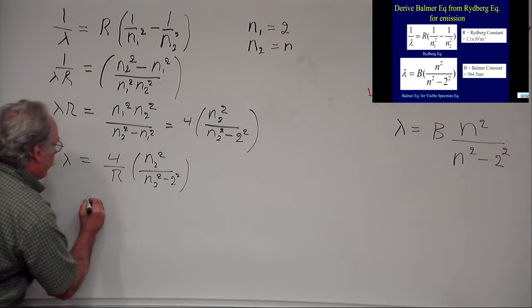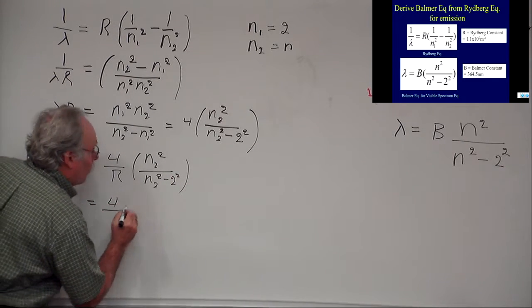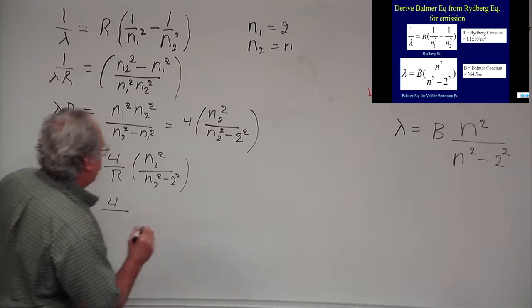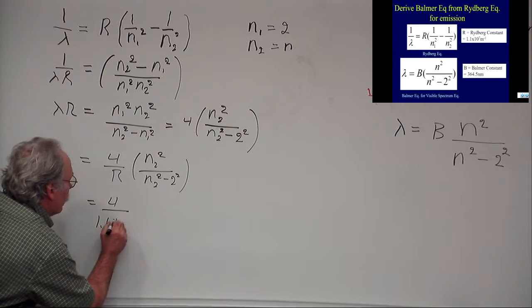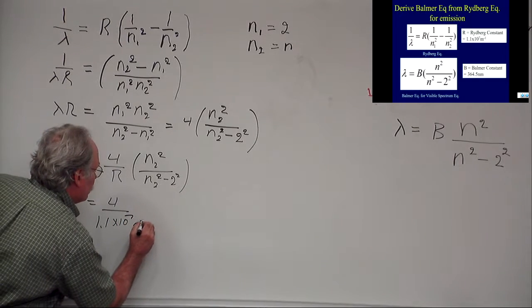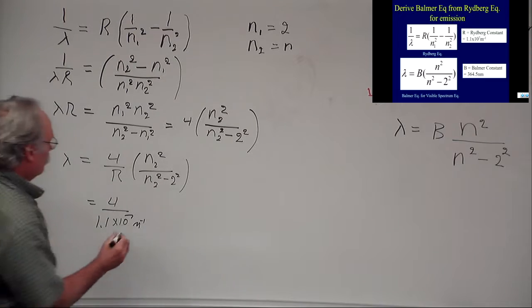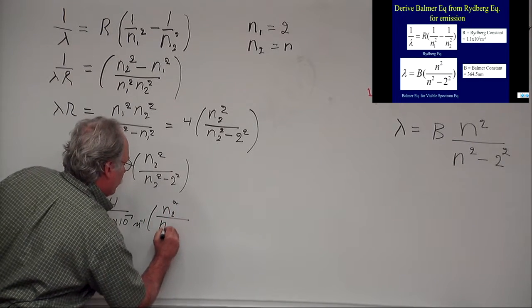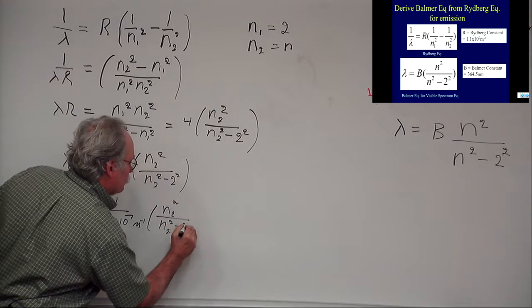Which is equal to 4 over the value of R, which is on the slide up there, 1.1 times 10 to the 7 reciprocal meters, which means meters goes up to the numerator, times n2 squared over n2 squared minus 2 squared.